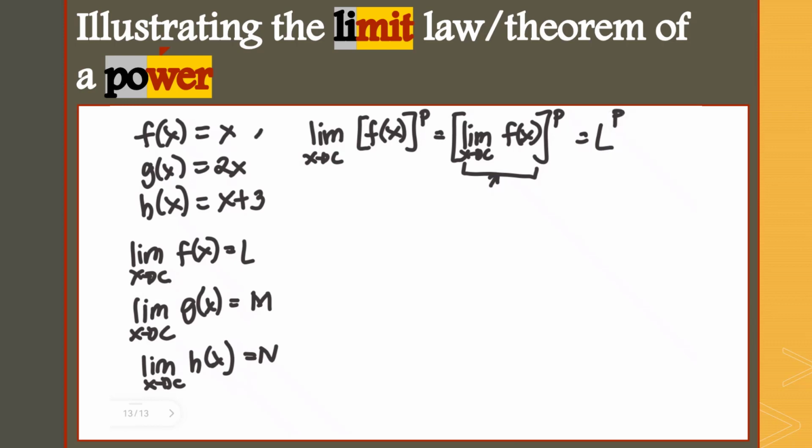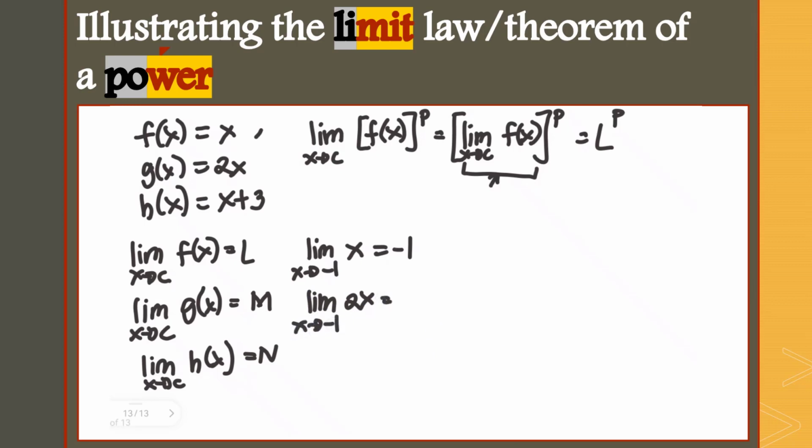Before we have an example, let's try to solve for the individual limits of our functions here. So the limit of f of x, that's x, as x approaches -1. This is a limit of an identity, so the answer is -1. Then what about the limit of our g of x, which is 2x, as x approaches -1?